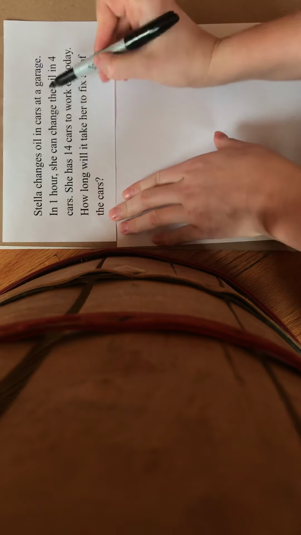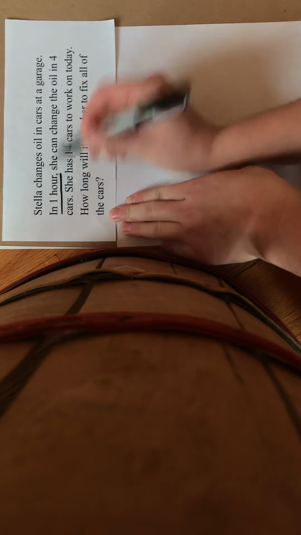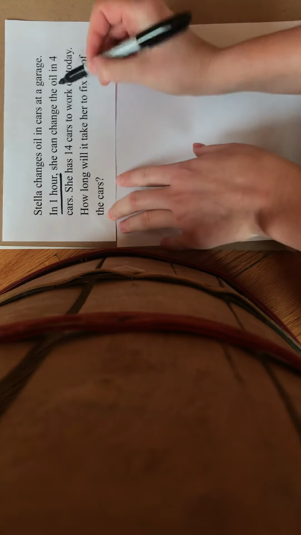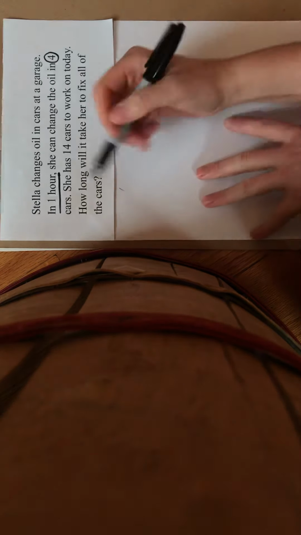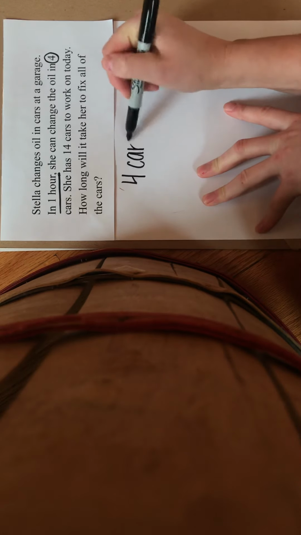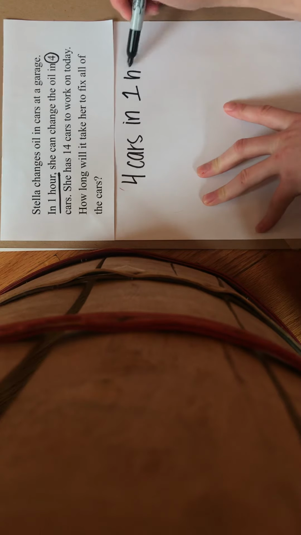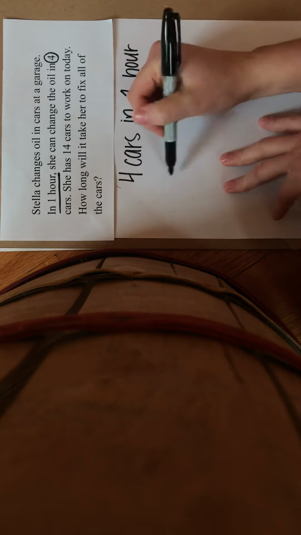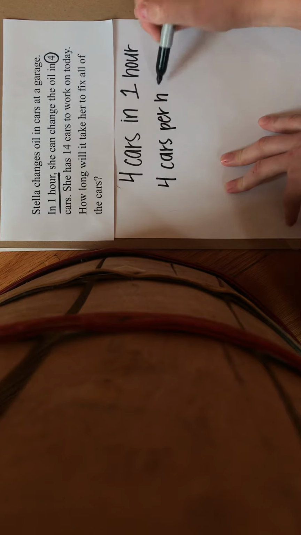Stella changes oil in cars in a garage. So in 1 hour, that seems important, she can change the oil in 4 cars. So we know that it takes Stella 1 hour to change 4 cars. Or we could put 4 cars per hour.